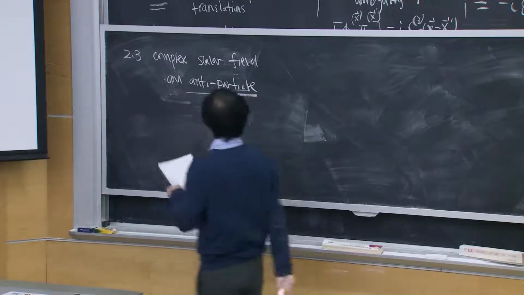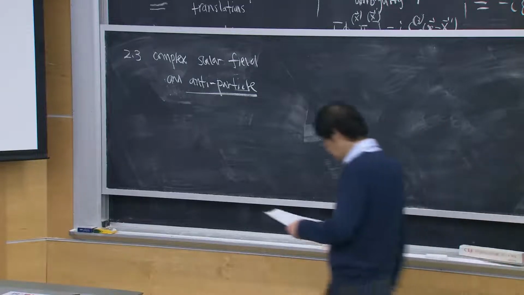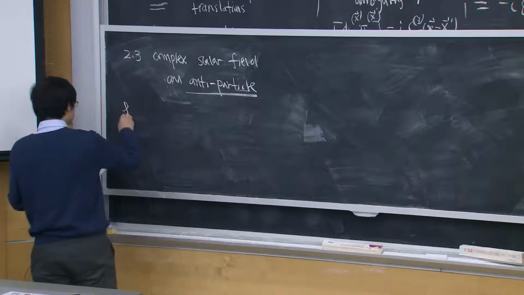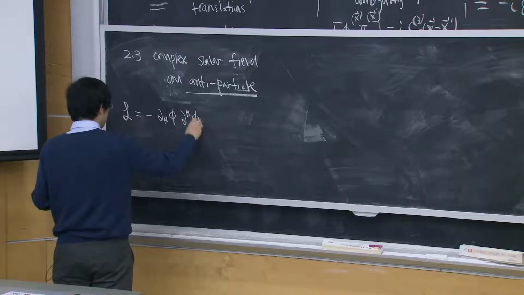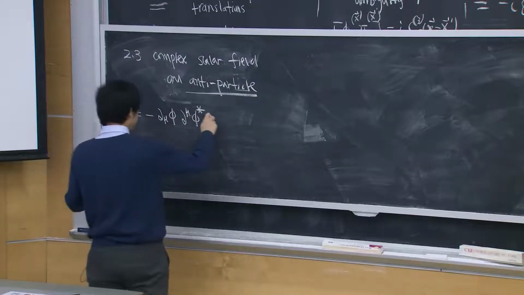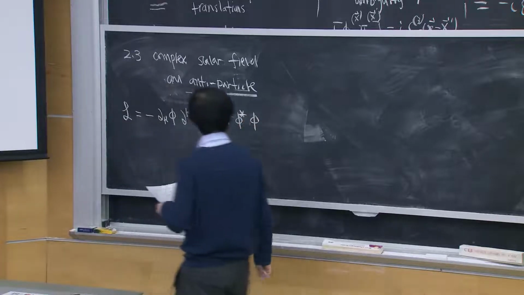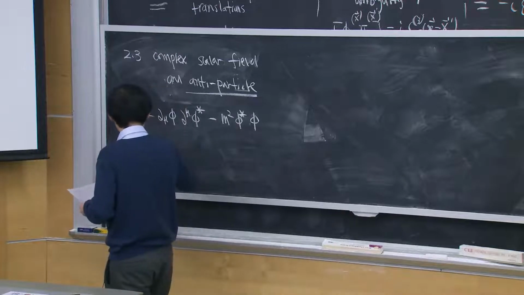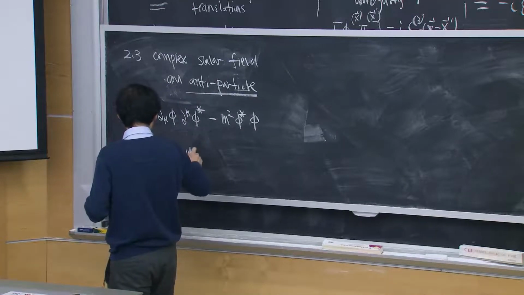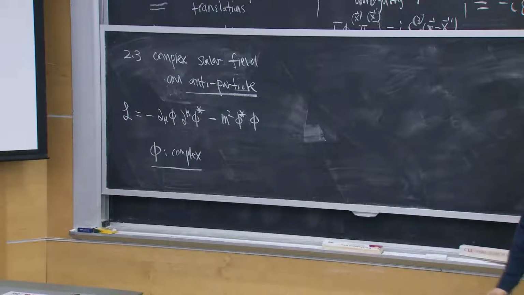When you consider the complex scalar field, we get something new. We get the concept of antiparticle. Okay, so now let's consider the following Lagrangian density. Again, we only consider the simplest, only quadratic Lagrangian. But now phi is complex.